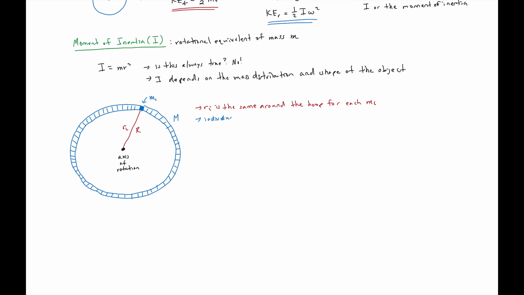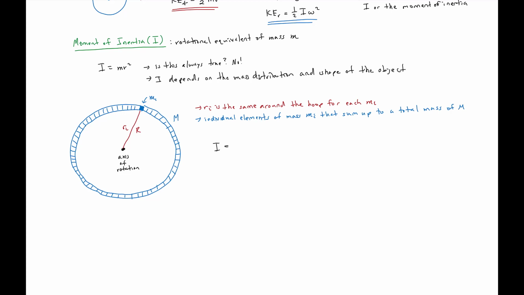And we also have individual elements of mass mi that sum up to a total mass of capital M. So just to summarize, we then have a new equation for the moment of inertia.